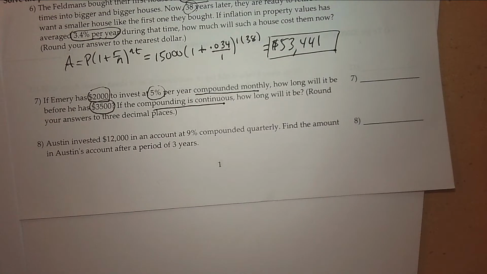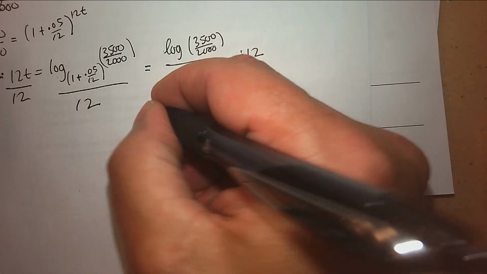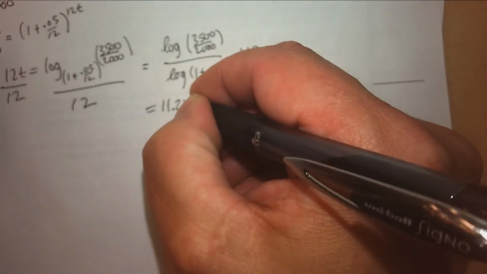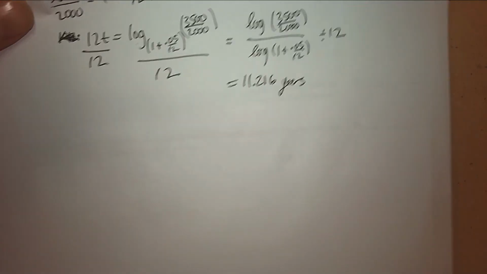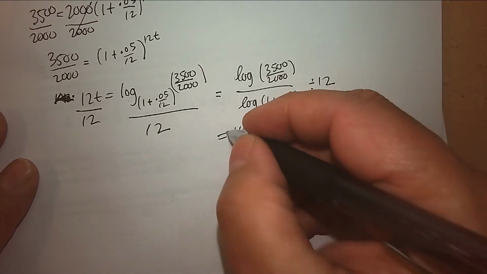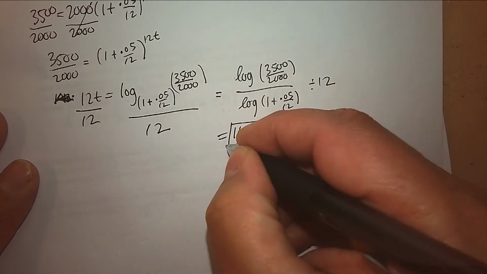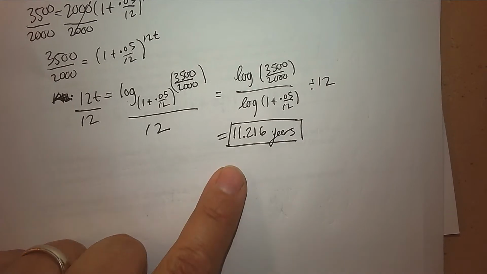This says to round your answers to 3 decimal places, so I'll do that. So this answer is 11.216, and that's years. So there's the answer to the first question, which had to do with compounded monthly. So how long would it take?